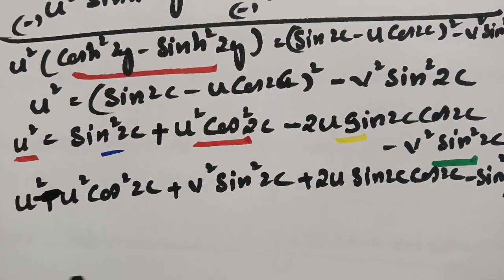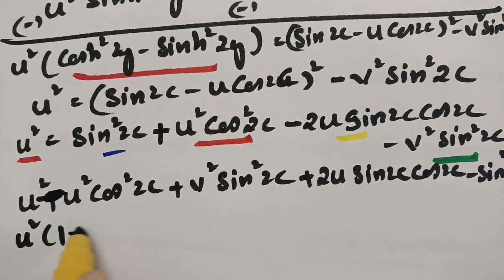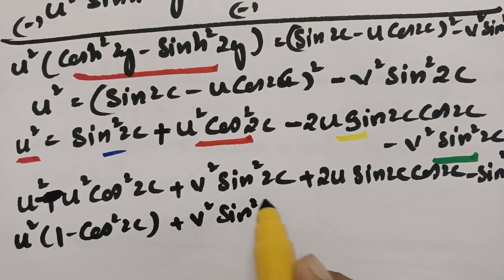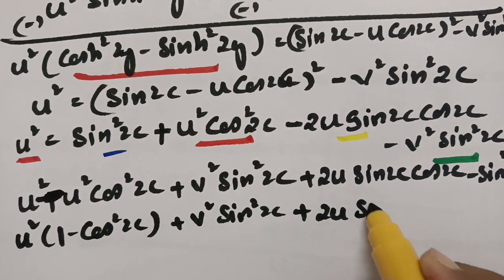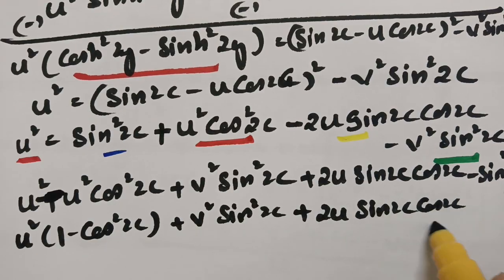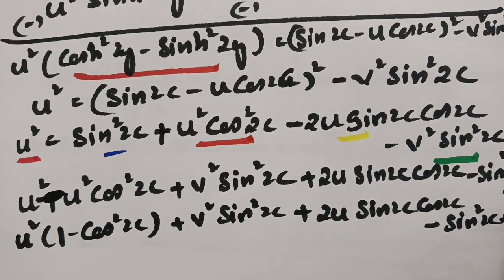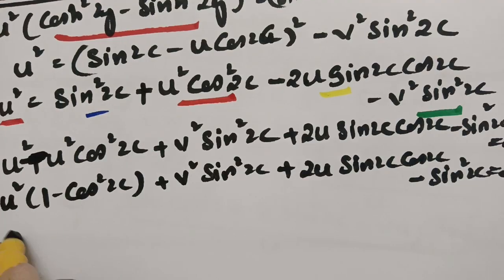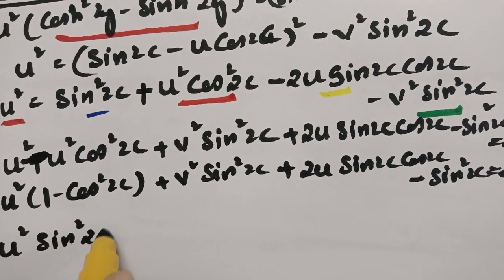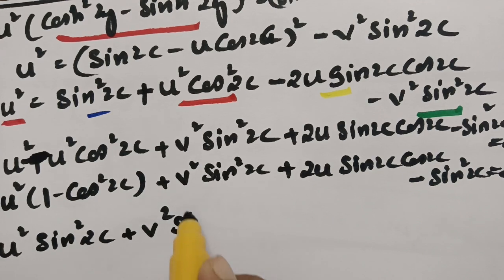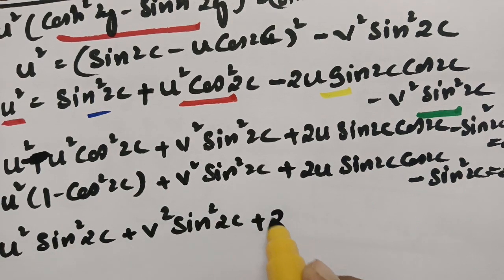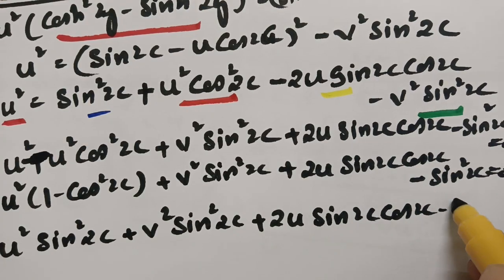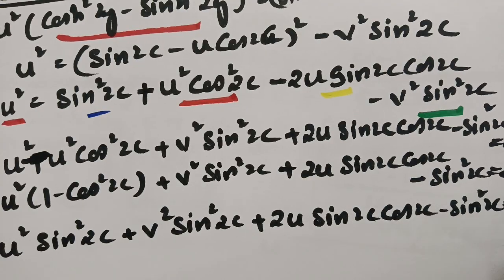So if I take u square common, this will be u square (1 minus cos square 2c) plus v square sine square 2c plus 2au sine 2c cos 2c minus a square sine square 2c is equal to 0. 1 minus cos square theta is nothing but sine square theta. So this will be u square sine square 2c plus v square sine square 2c plus 2au sine 2c cos 2c minus a square sine square 2c is equal to 0.